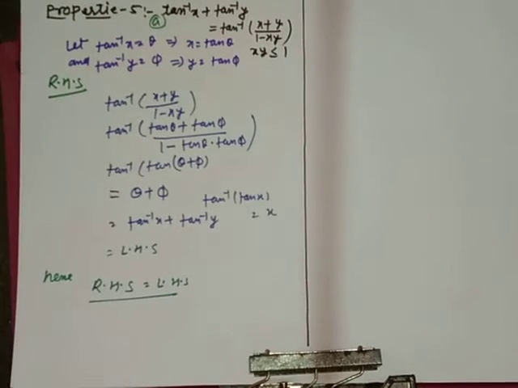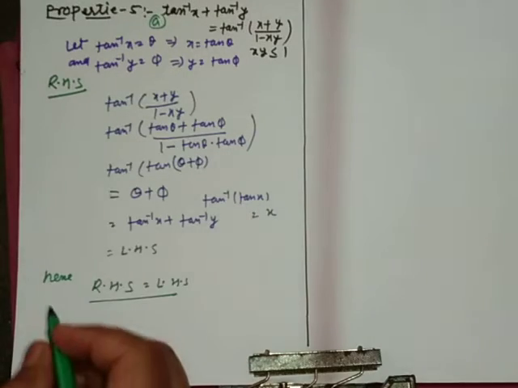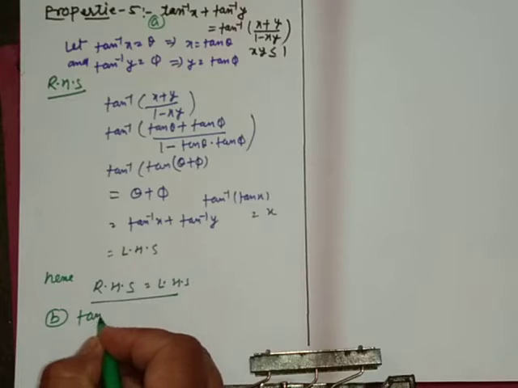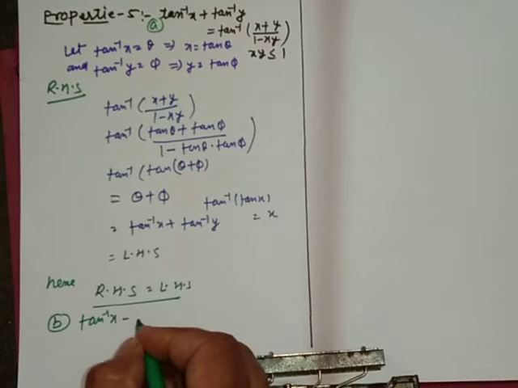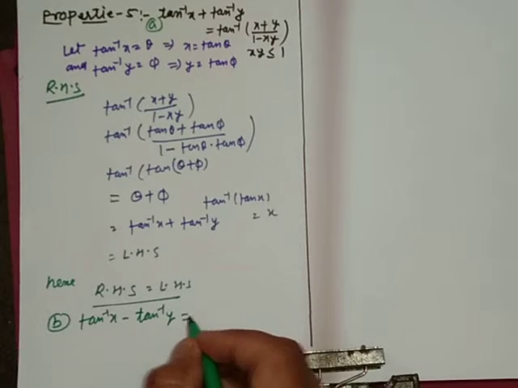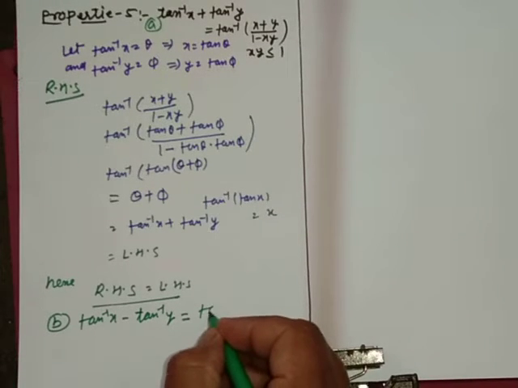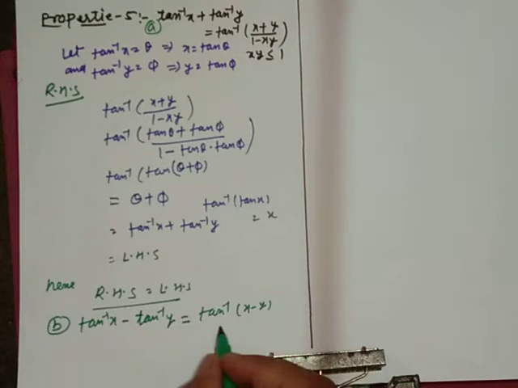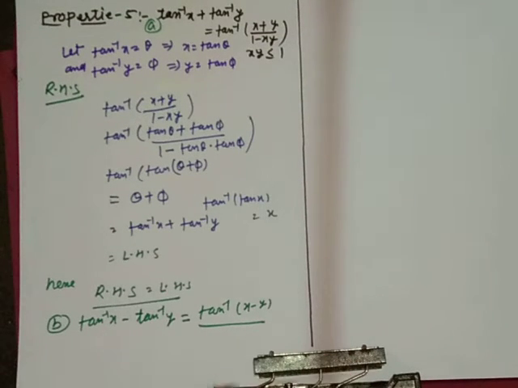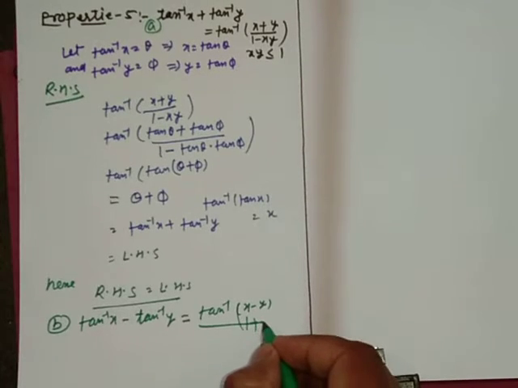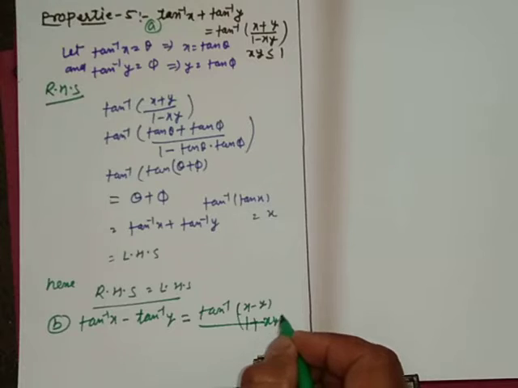Now if we call this property 1, then in the same way we can write the next as tan inverse x minus tan inverse y is equal to tan inverse of (x minus y) upon (1 plus xy).